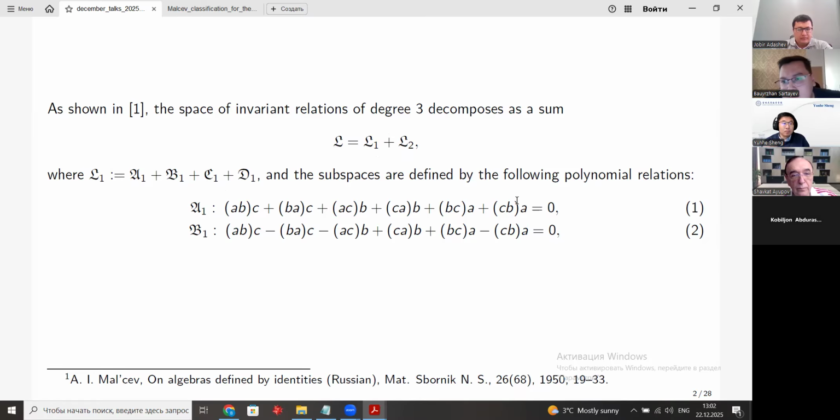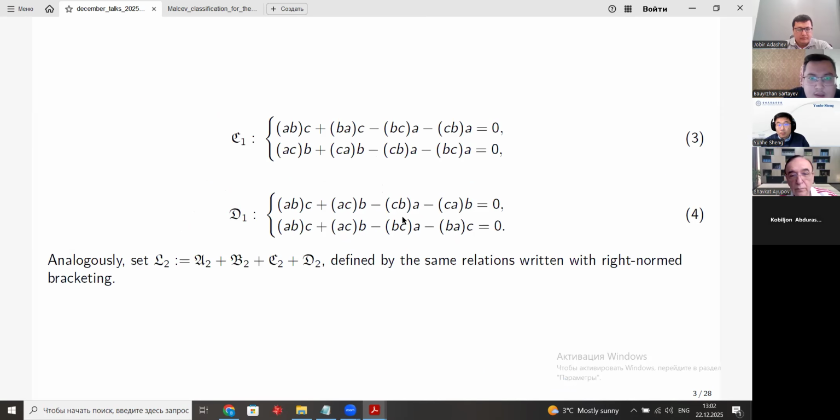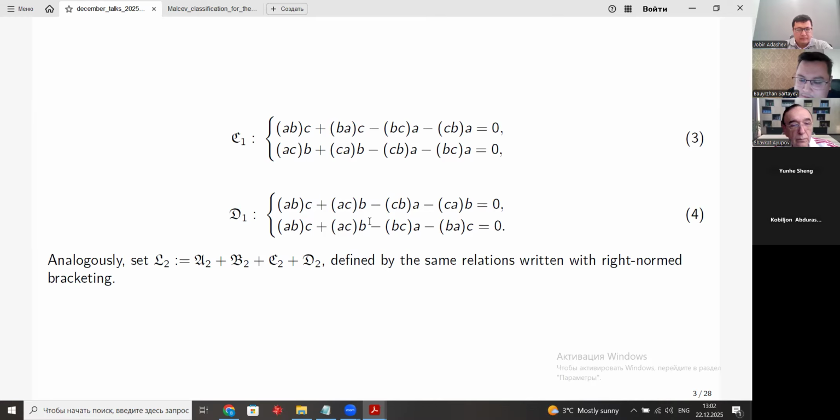That is the first polynomial relation, as you see. That's A1. That's B1, the second polynomial relation. C1 is a two-dimensional invariant subspace, and D1 is again a two-dimensional invariant subspace.